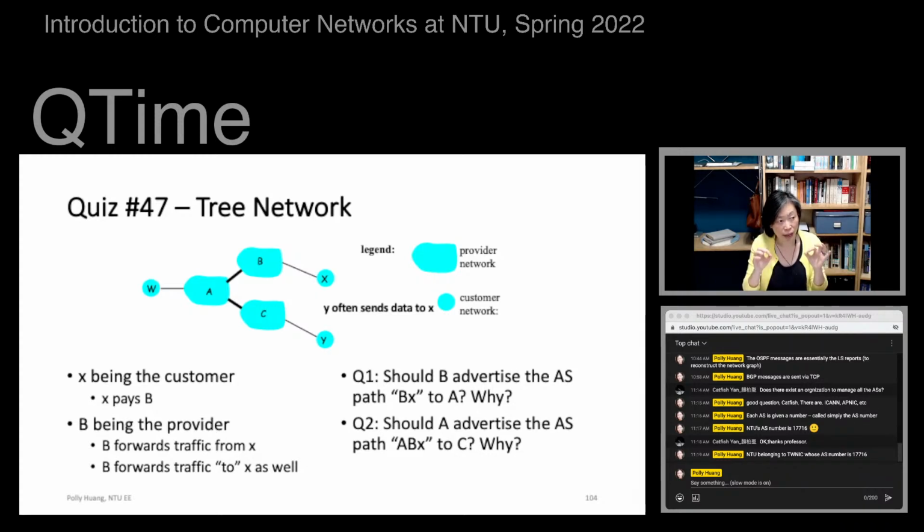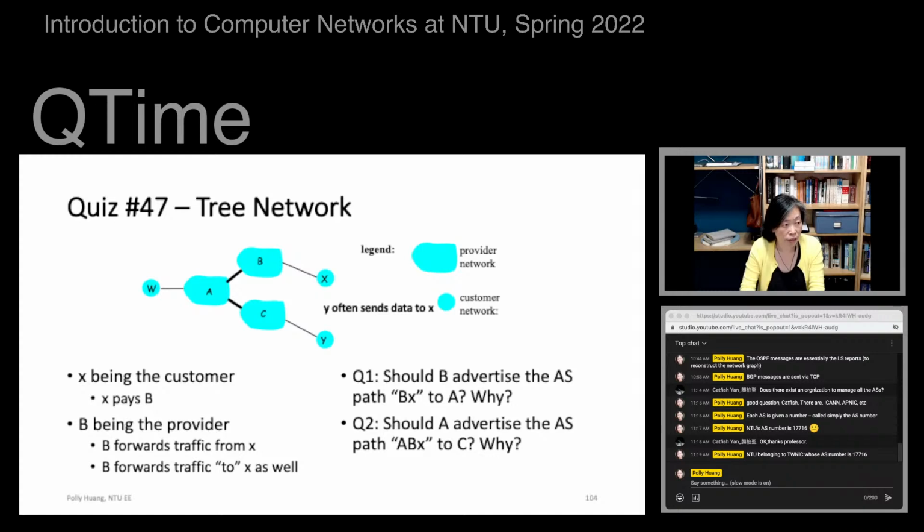The smaller circles, X, Y, and W, are the end customers, the customer networks. And in this series, there will be data constantly coming from network Y to a user in network X. So data should be traveling from Y to X, and quite often.